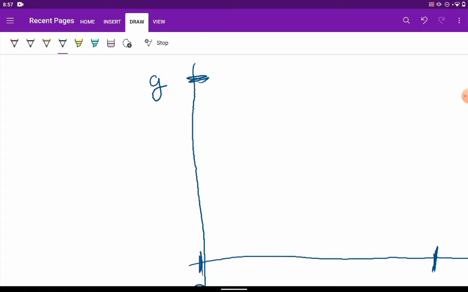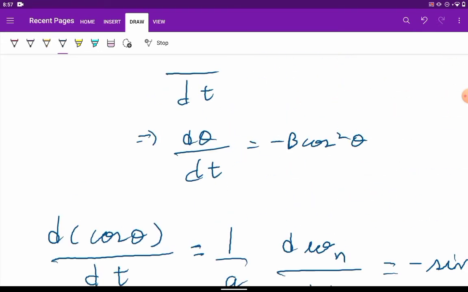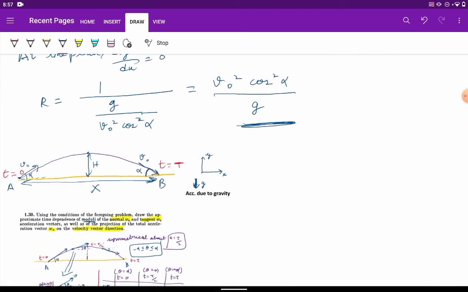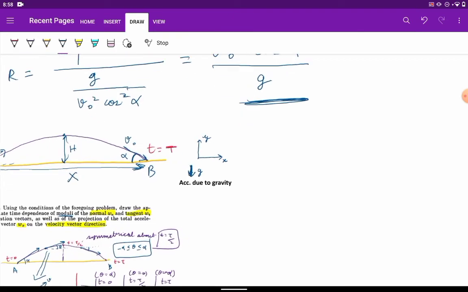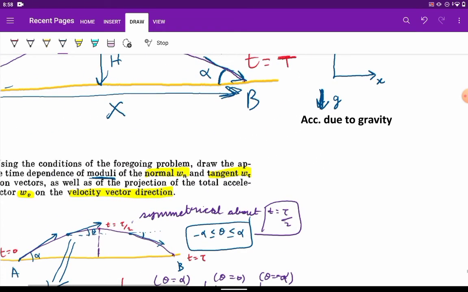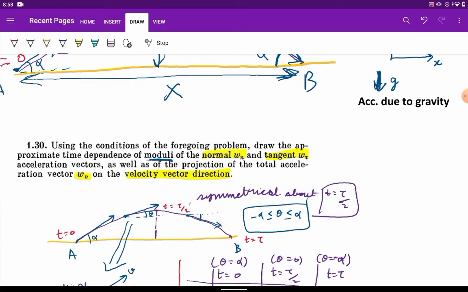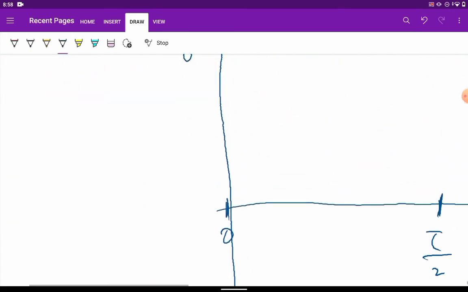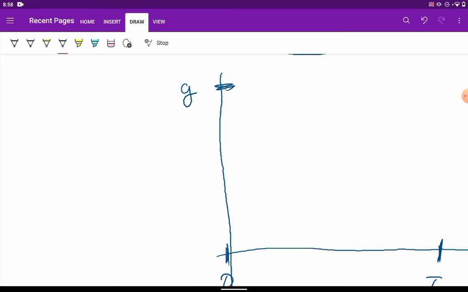Let's assume and check the question once if there is any mention of it. Okay, I guess we'll assume that alpha is small, so g cos alpha is greater, let's say, right? g sin alpha is somewhere here, so we utilize that.